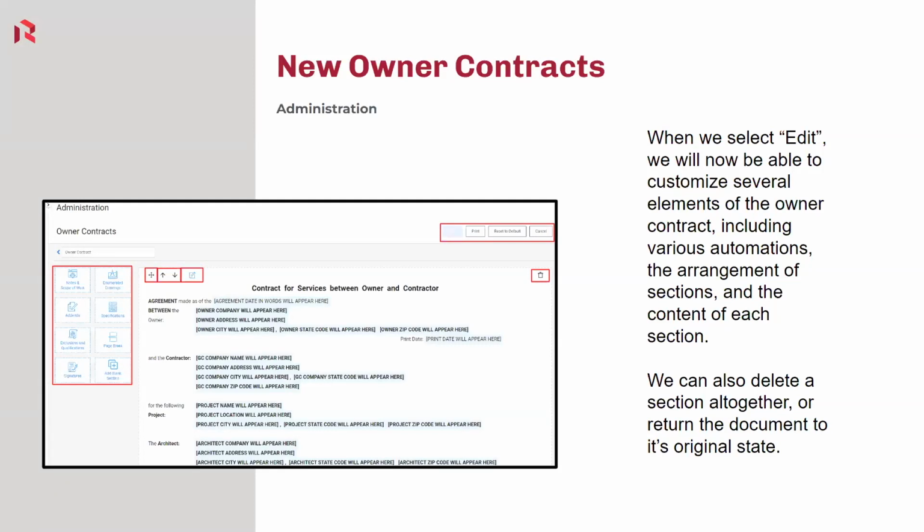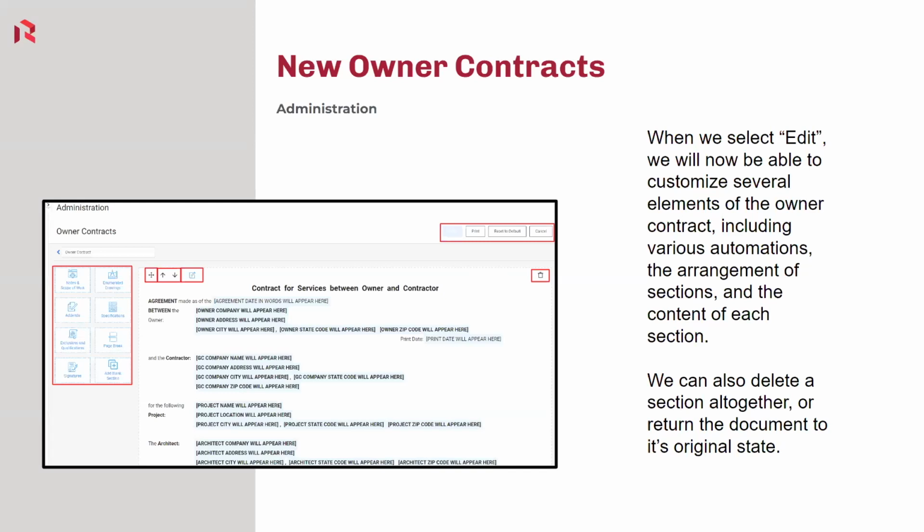Let's say you want each article of contract to be on its own page and you want to throw a page break in between each article. You can grab that page break, just drag and drop it into wherever you need that page break to be. Or again, you can add a blank section or a signature line or any of those tiles that are available over on the left.